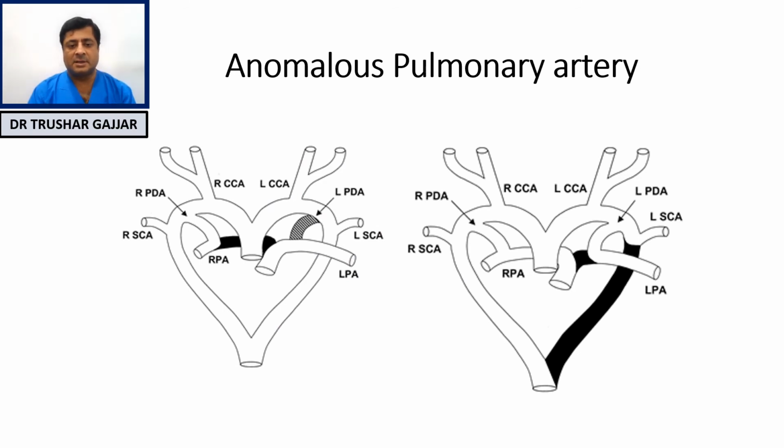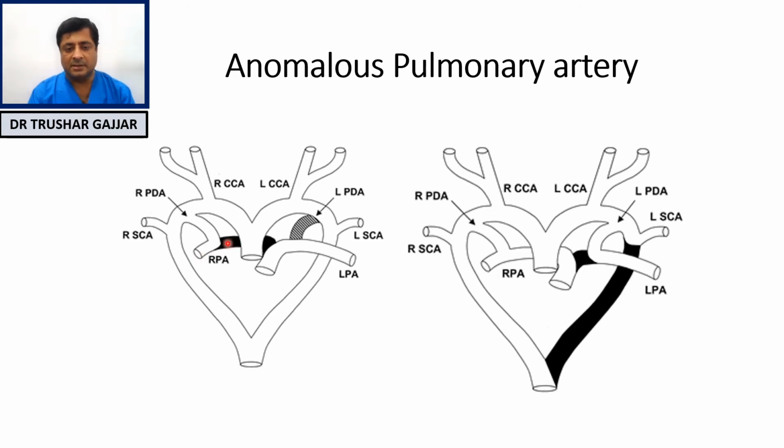So let us see the anomalies of the sixth arch. This is the embryonic picture where there is a left distal sixth arch which is patent, and it is getting communicated with the distal pulmonary artery, the right pulmonary artery.